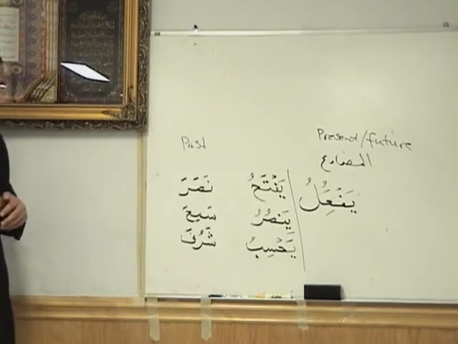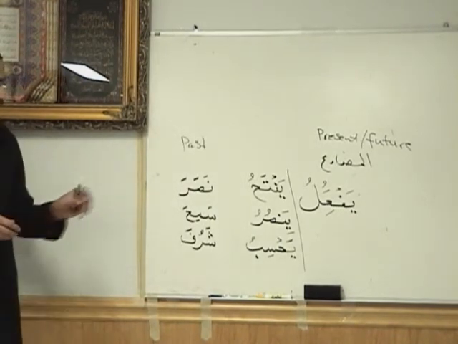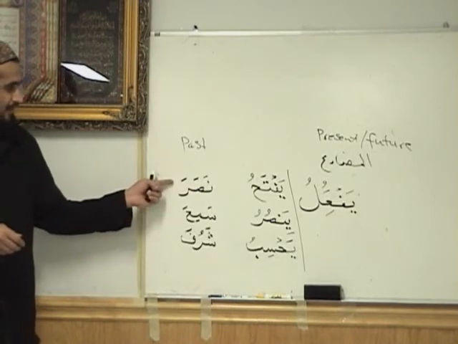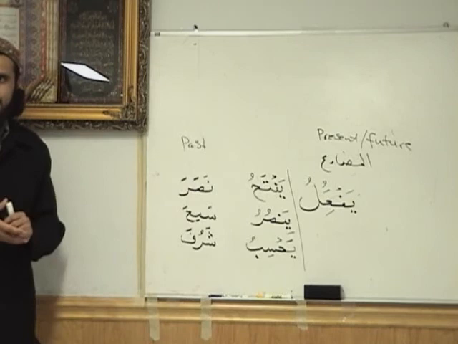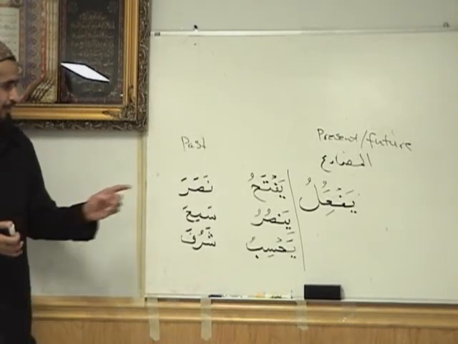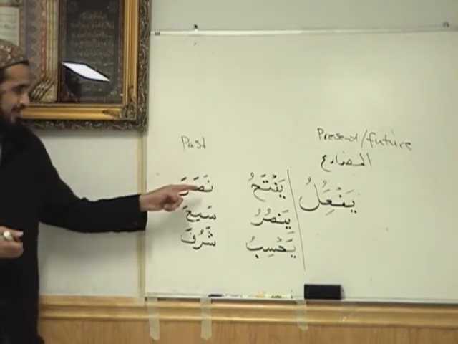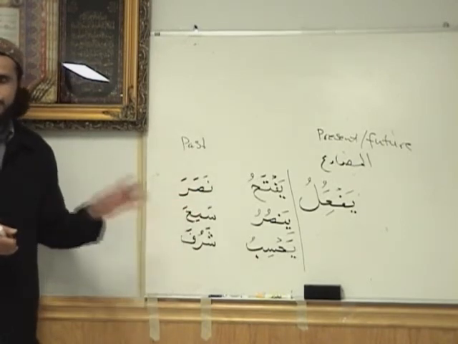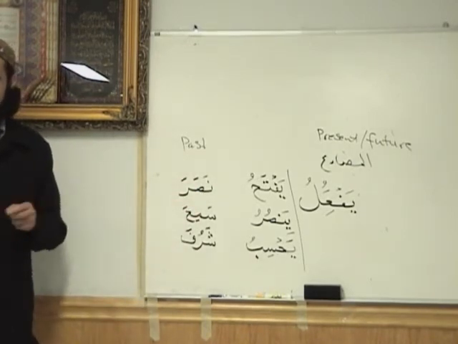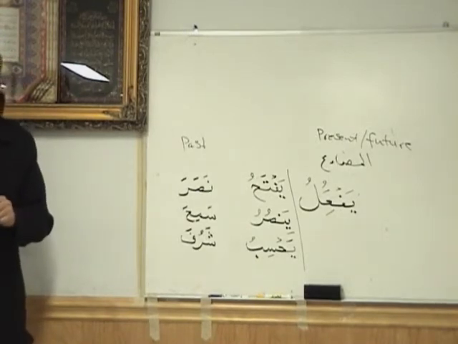Nothing else changes, okay? So then the possibilities are how many? The logical possibilities for this should be 9. Because with fatha you should have 3 possibilities, right? With kasra you should have 3 possibilities, and with dhamma you should have 3 possibilities. That makes it 9, right? We saw 6 yesterday.